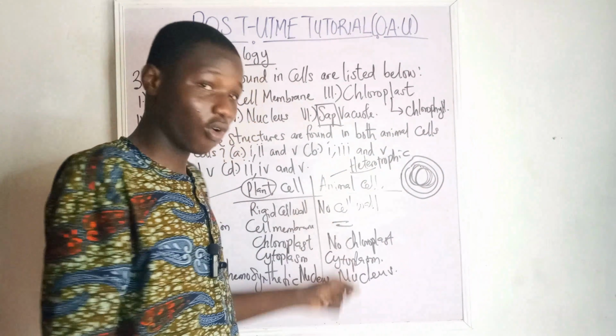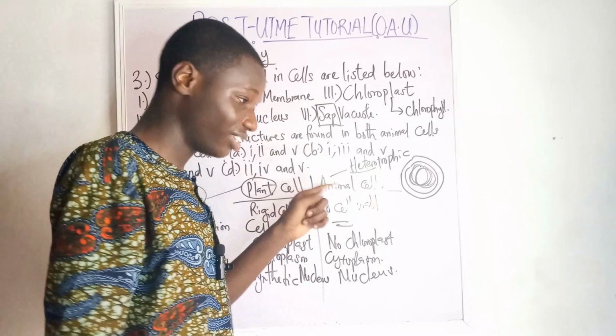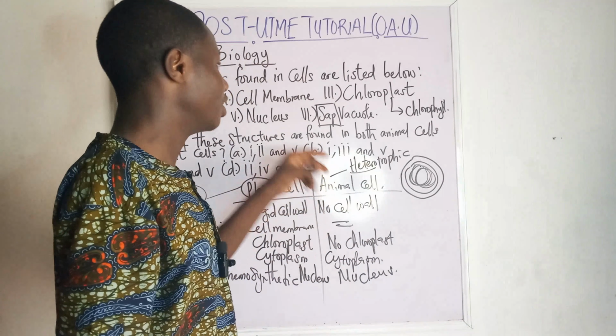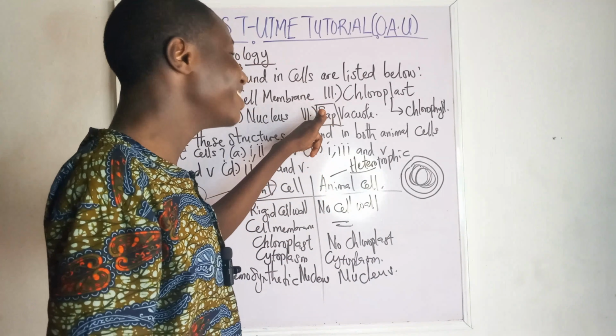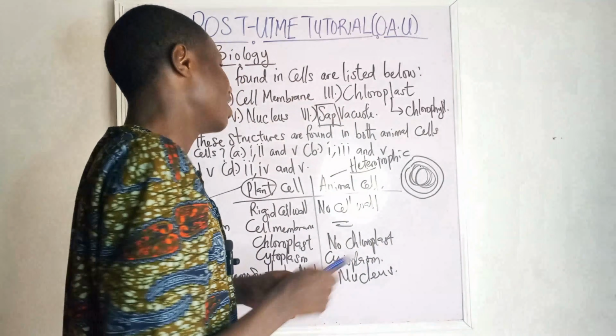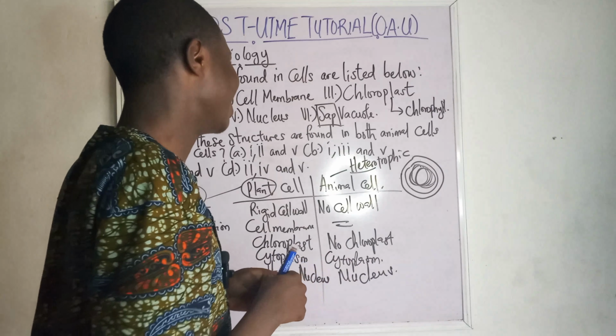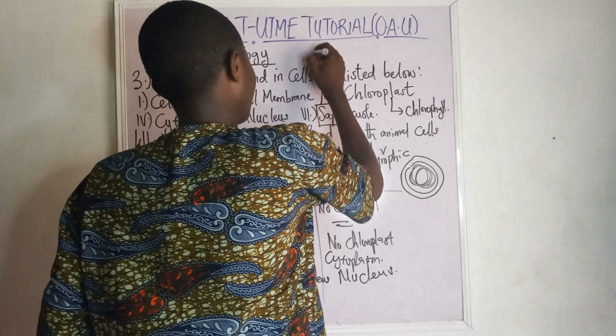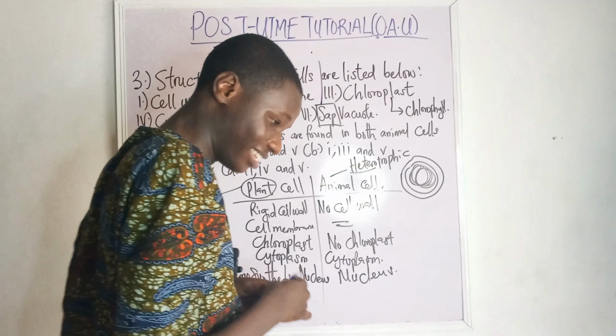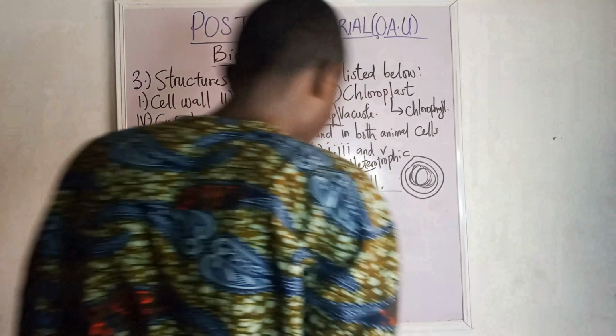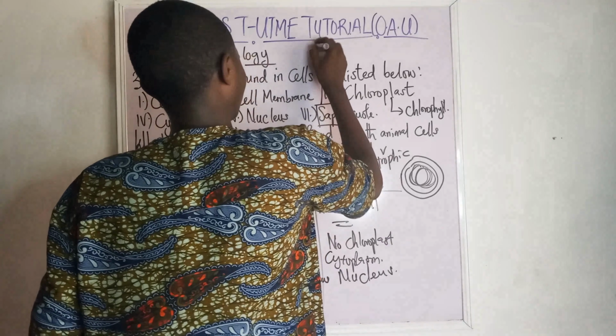Is for what? Osmoregulation. Do you understand? Now, when the question says sap vacuole, that has to do with plant cell. It has to do with the plant cell.